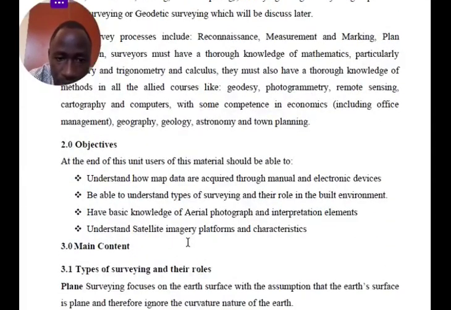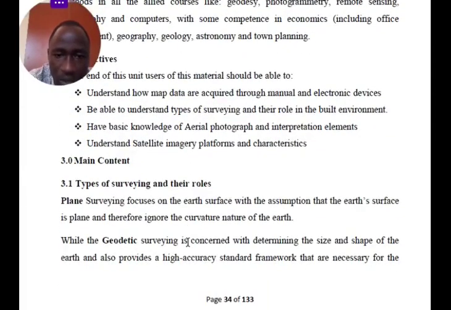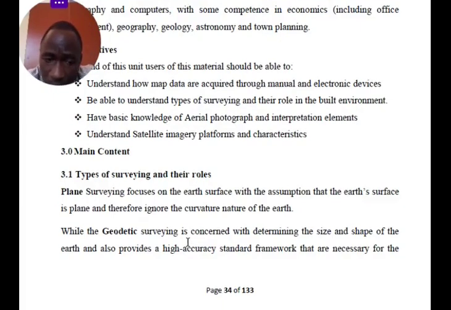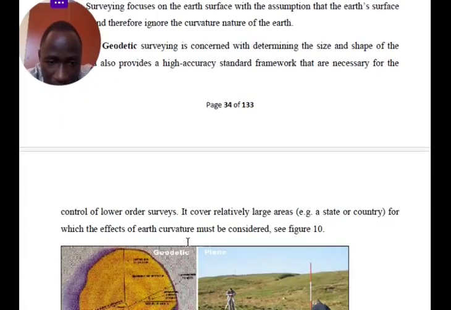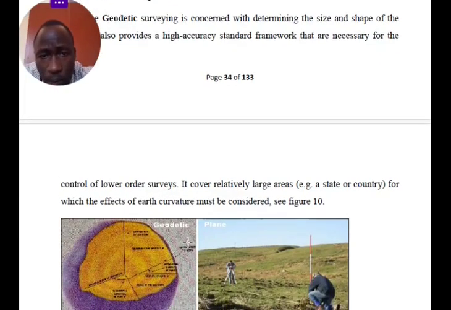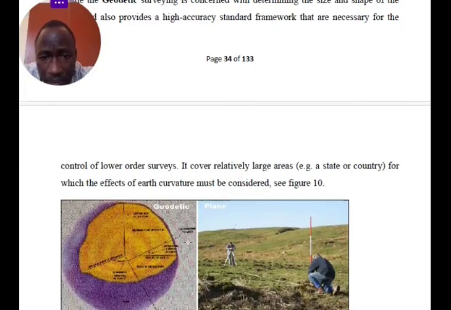For geodetic surveying, it is concerned with determining the size and shape of the Earth's surface, and also provides the high accuracy standard framework necessary for controlling the lower order surveys. It covers a relatively large area compared to what we call plane surveying.